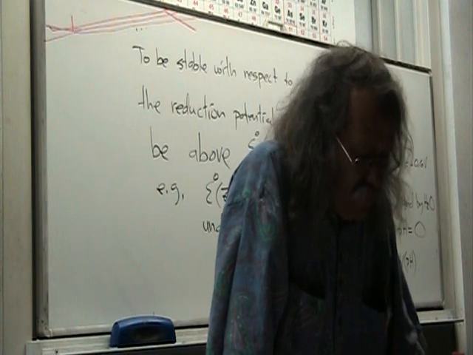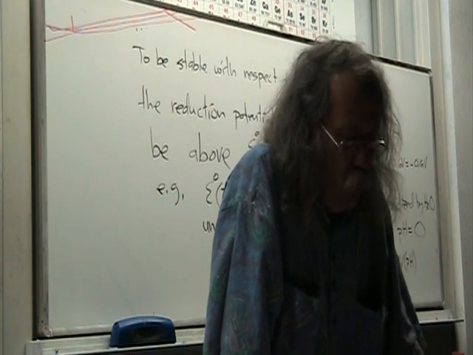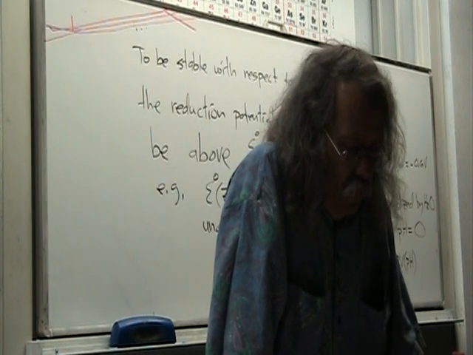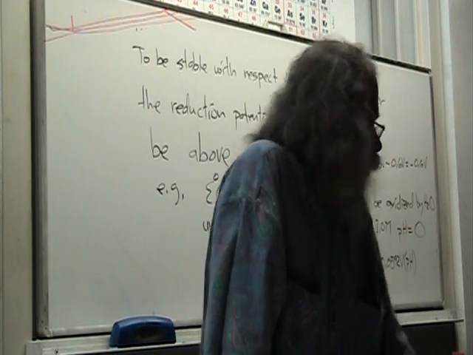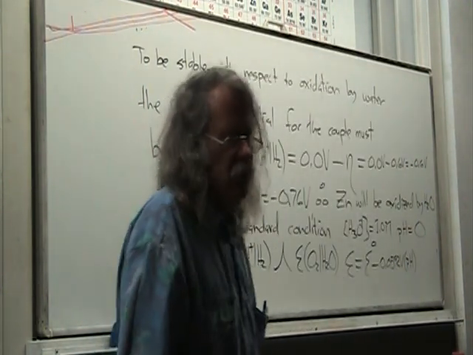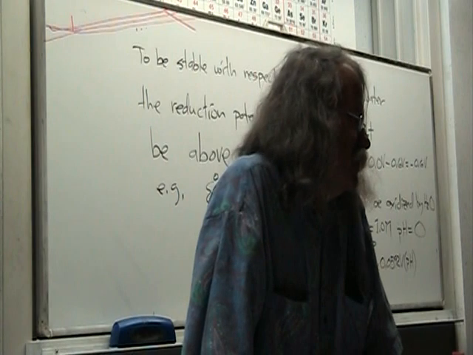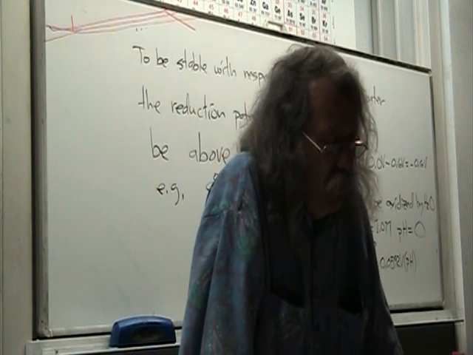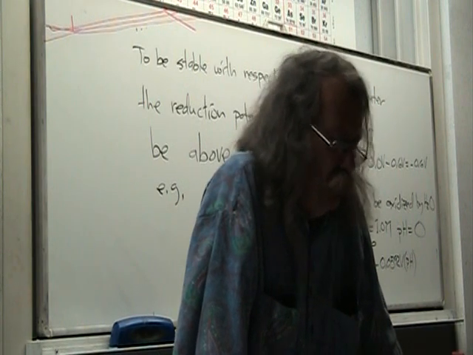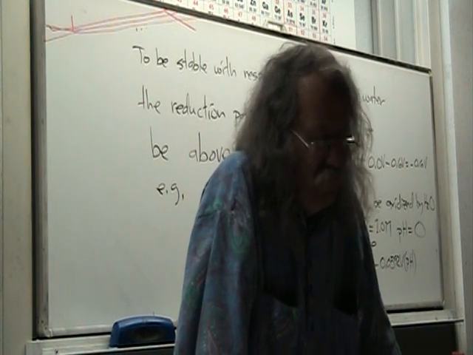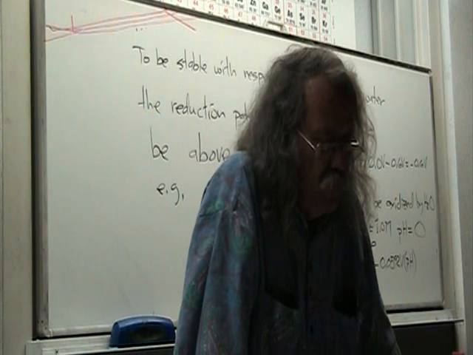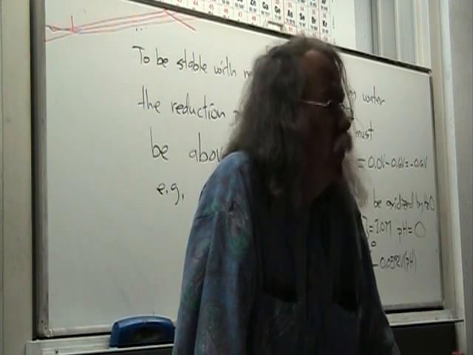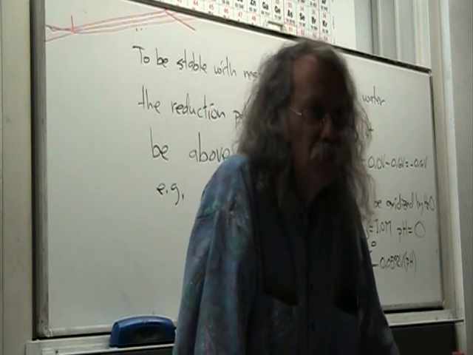So, question A, which elements are stable in water? All except zinc, because they all have reduction potentials. Hydrogen's reduction potential, 0 volts. Oxygen's reduction potential, 1.23 volts. Zinc 2 plus is reduced to zinc, which is a reduced form, at minus 0.76 volts, which is below minus 0.6 volts.